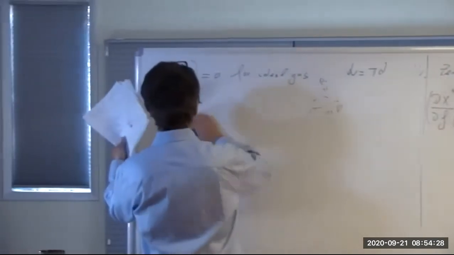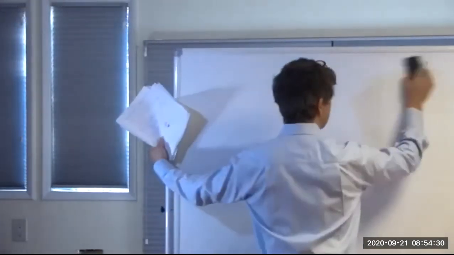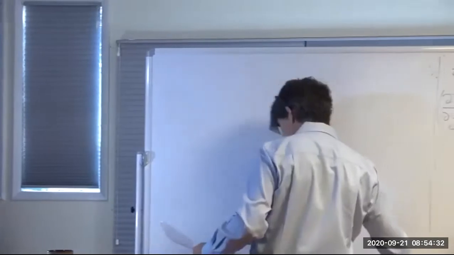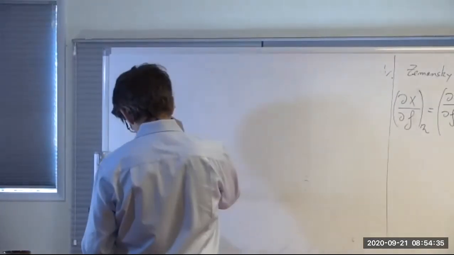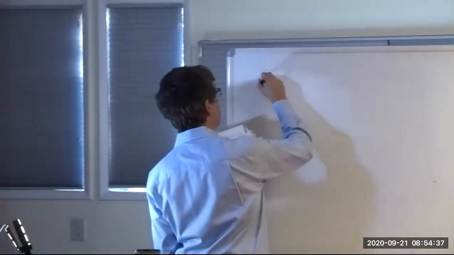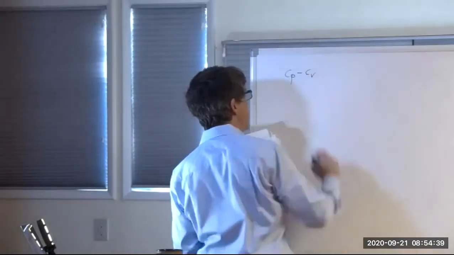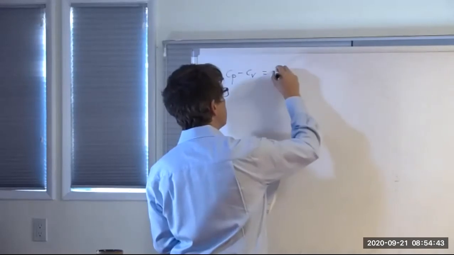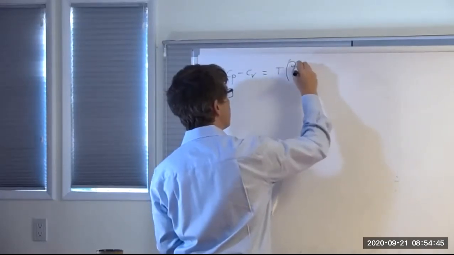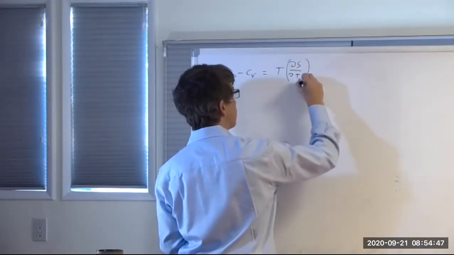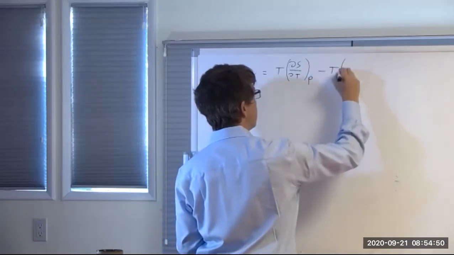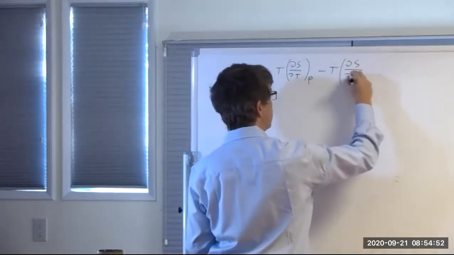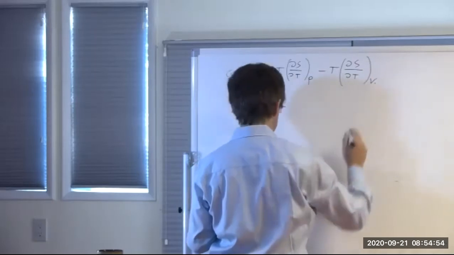But we'll do some much cooler stuff later. But the classic one is to calculate the difference Cp minus Cv, because as you know, these are entropy derivatives. So this is T ds dt under constant pressure minus T ds dt under constant volume.